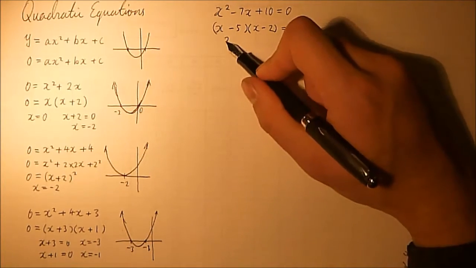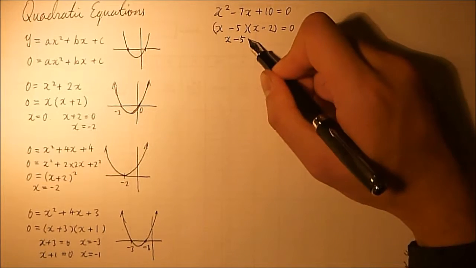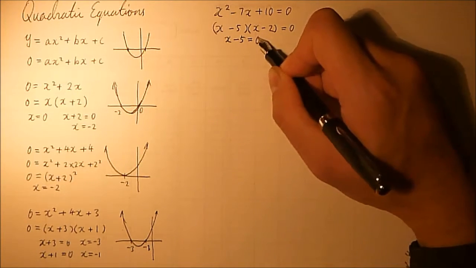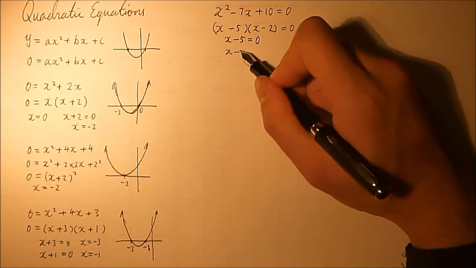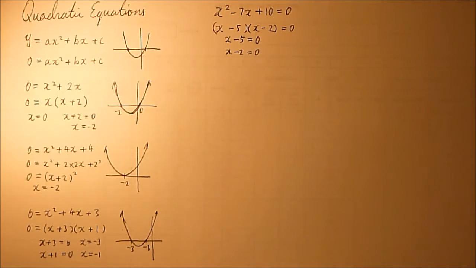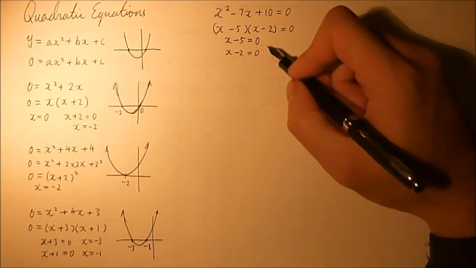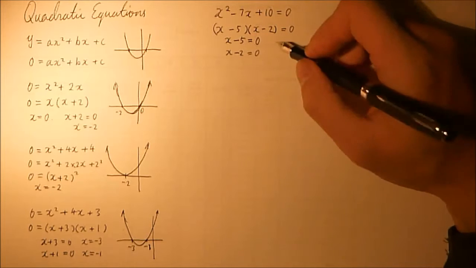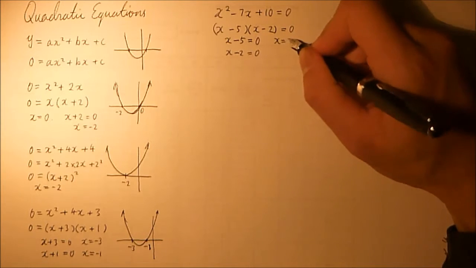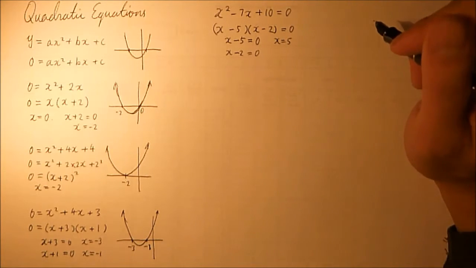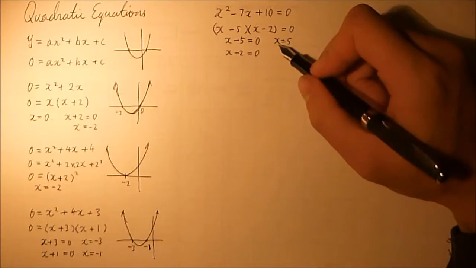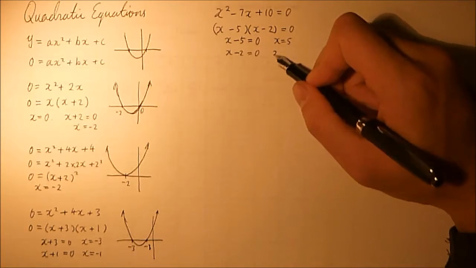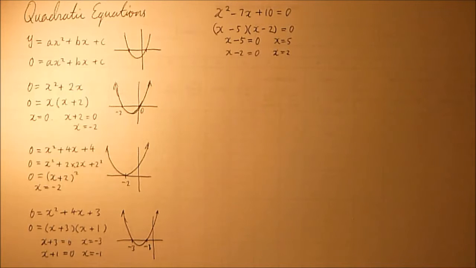So once again, we list the two solutions. Either x minus 5 equals 0 or x minus 2 has to be 0. So the solution for the first one is x equals 5 because 5 minus 5 is 0. And for the second one, x has to be 2 because 2 minus 2 is once again 0.